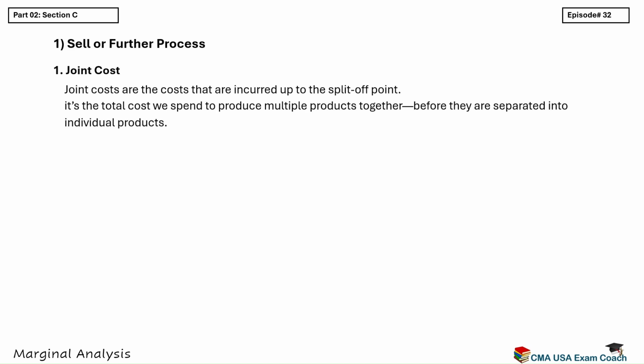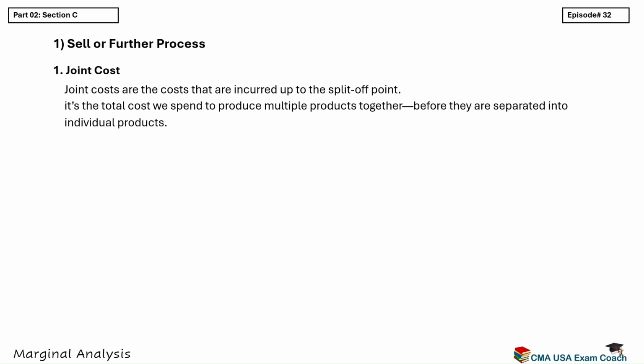In simple terms, it's the total cost we spend to produce multiple products together, before they are separated into individual products. For example, in a petroleum refinery, crude oil is processed, and as a result, you get multiple outputs like gasoline, diesel, kerosene, and so on. The cost spent until this stage, where all products are still mixed, is called the joint cost.